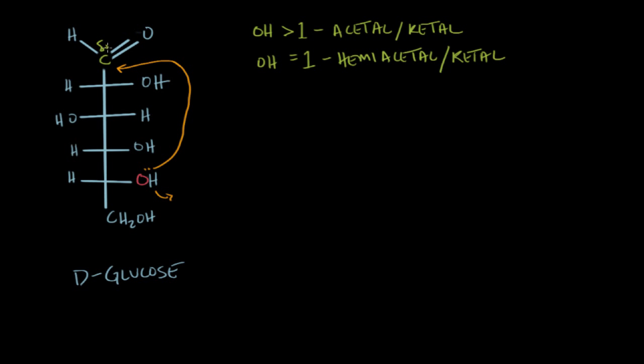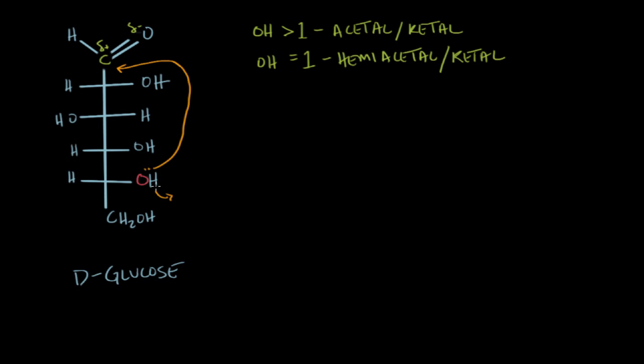It has a partial positive charge because a lot of the electron density in this double bond is being hogged by this oxygen. So the oxygen has a partially negative charge and the carbonyl carbon is partially positive, and that makes it a perfect target for the nucleophile that's been created in the deprotonation process of this oxygen.